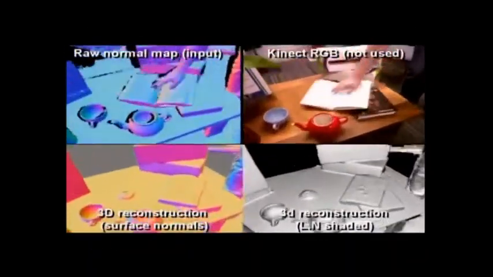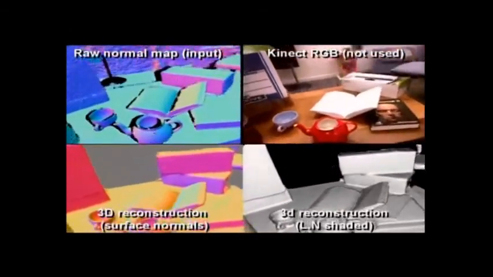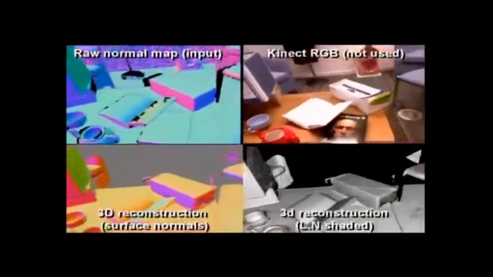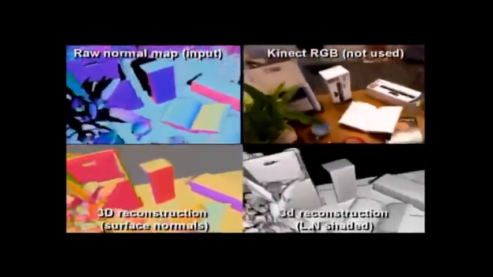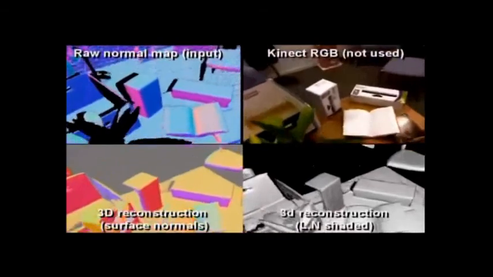Okay, now dynamic changes to the scene are another aspect. When you have a change in the depth, that is also captured in real time. You change the location of an object, and it's automatically reconstructed in the scene.